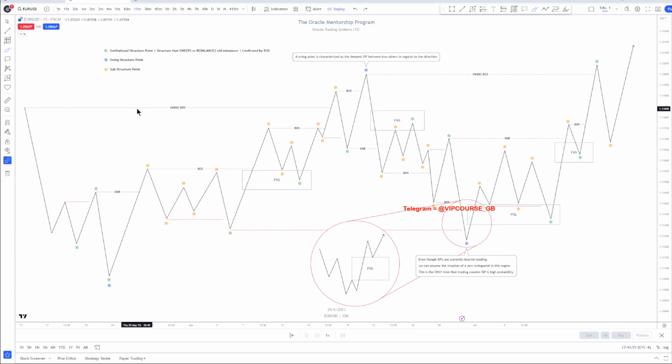How we view the markets is institutional structure points. And as you'll learn shortly, if you don't already know, institutional structure points monitor the flow of orders, or in other words, order flow. Whereas swing structure simply monitors the higher time frame direction and higher time frame order flow.